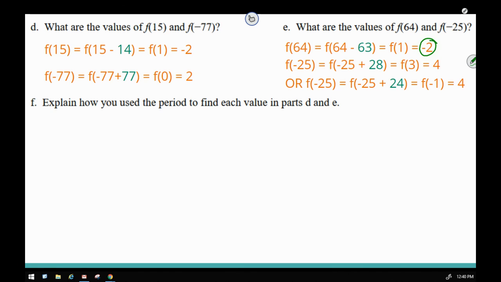My value at 1 is -2. You could have chosen a different value to multiply 7 by to get close to 64. You may have done 7 times 10. So then you would look at -6 to see what your y value is at -6. Should be -2.